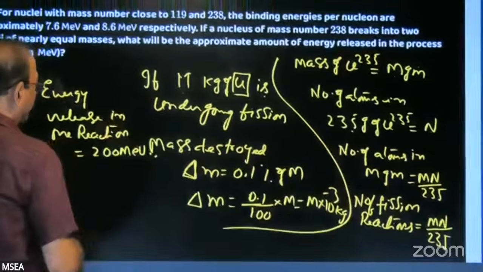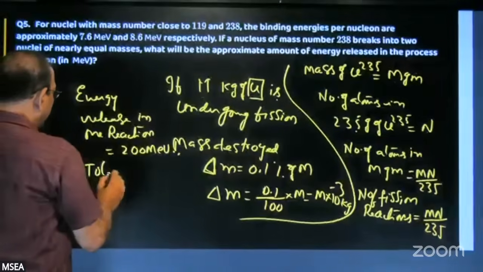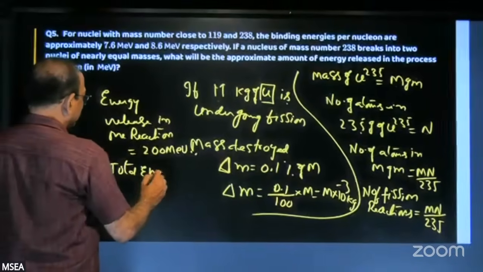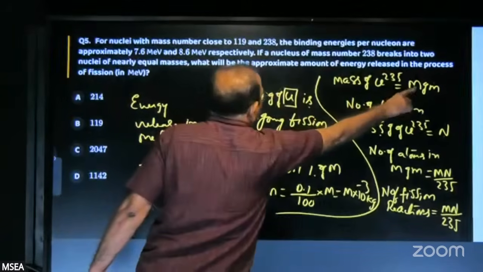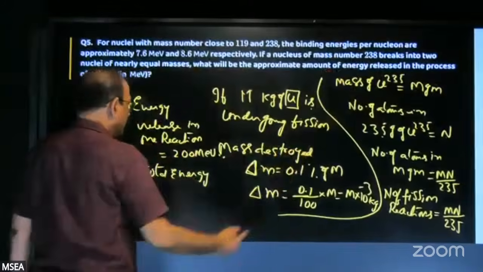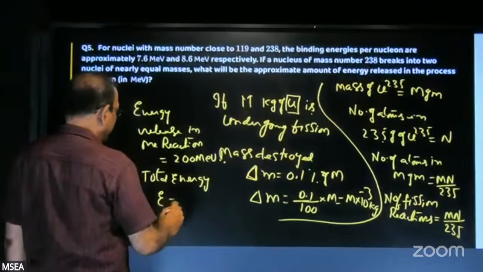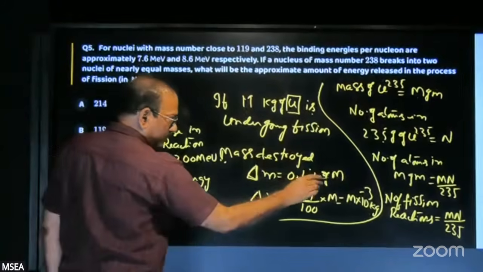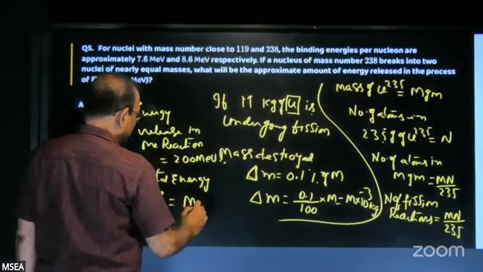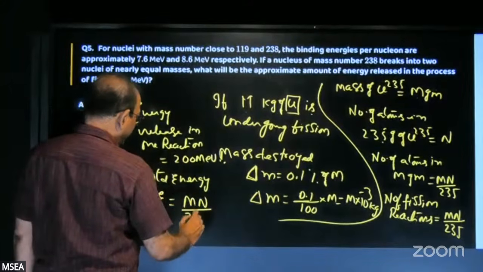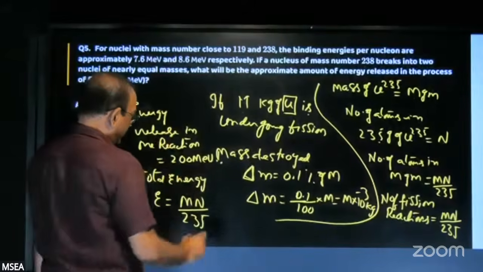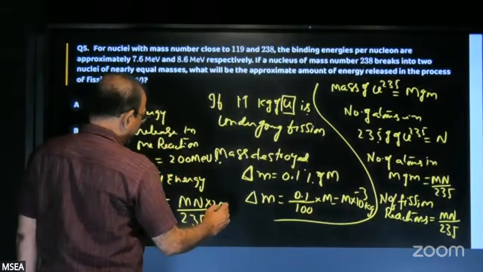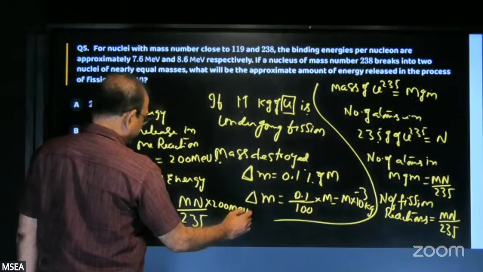If it is 200, then total energy released in m gram uranium fission is the number of reactions Mn by 235 into energy released per reaction, 200 MeV. This also you can use.